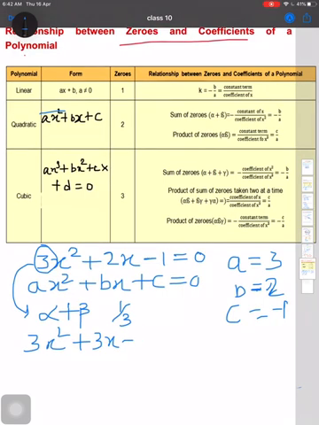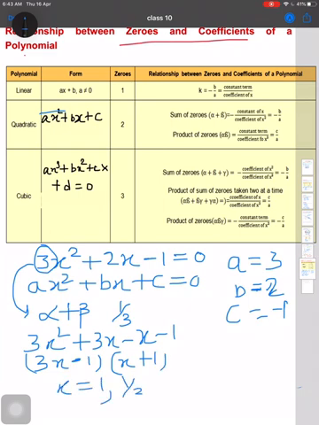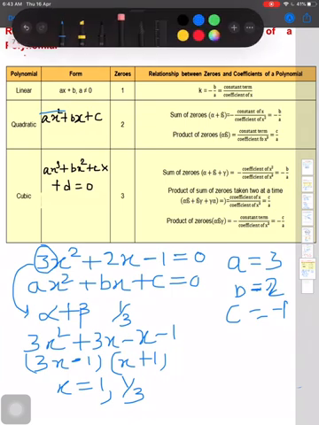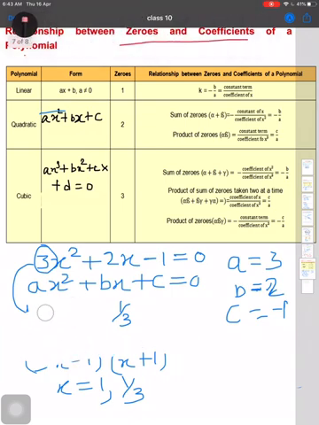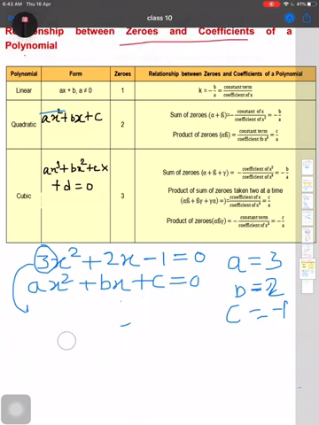We'll solve it: it will be 3x square plus 3x minus x minus 1. So the factors will be 3x minus 1 and x plus 1. So here x will be 1 by 3 and minus 1. We don't need so much. So here the zeros are 1 by 3 and minus 1. That is all that is needed.